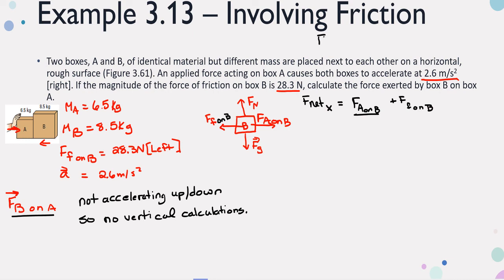F net is mass times acceleration. So let's start sliding some stuff around. If I want to find this, I'm going to inherently move this F F on B over. So it's just going to be F net x minus F F on B, F A on B. So then our F net is our mass times acceleration.